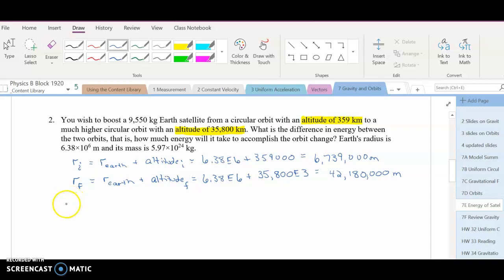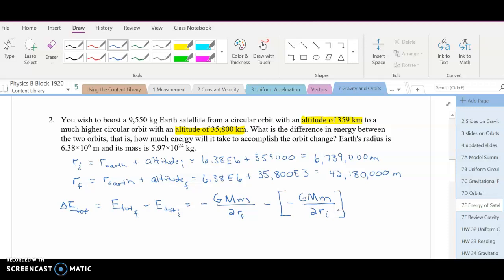The energy that we're looking for is the change in the total energy of the satellite system. And so that's going to be the final total energy minus the initial total energy. And if we remember the formula, it's negative G times the product of the masses divided by 2 times the orbital radius. In the final case, it's the final orbital radius. And for the initial total energy, it's the initial orbital radius.